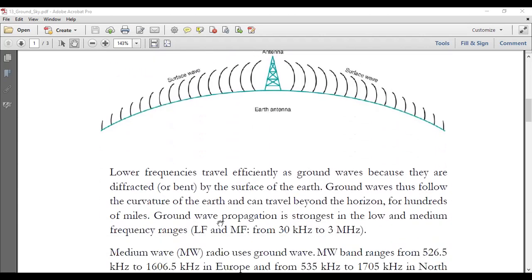It uses some diffraction along the surface. Okay, they keep propagating along the surface. The diffracted rays along the surface keep propagating, and because of low frequencies, they can travel very far. They can cover even a small country, right?